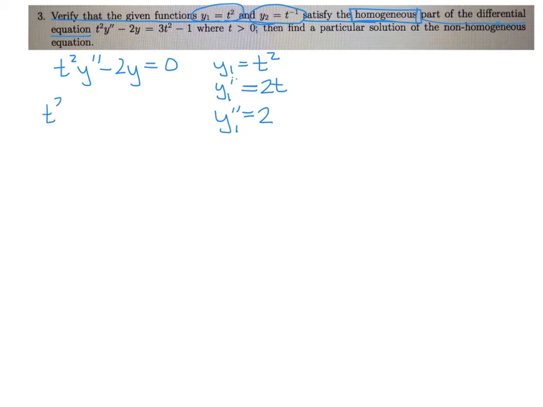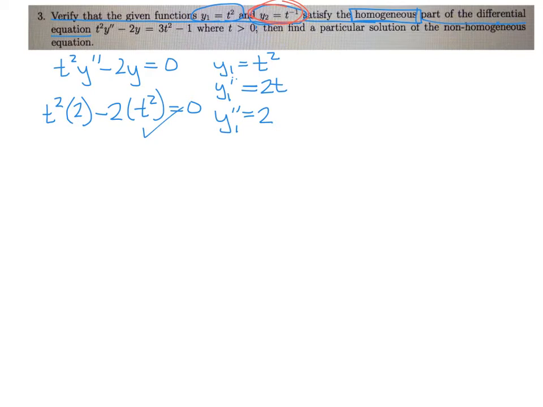So t squared times the second derivative, which is 2, minus 2 times our y value, and our y1 was t squared. And sure enough, 2t squared minus 2t squared equals 0. So that's a solution. I'm still going to leave it up to you to verify that the y2 is a solution, but it's the same idea. You take a second derivative, you plug it in, you show that it's 0.